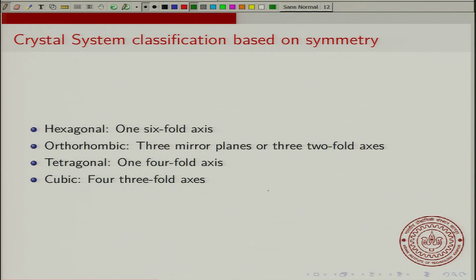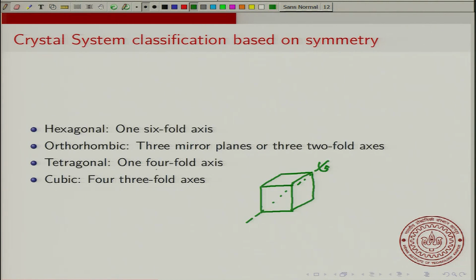And remember this: when we think of our cubic system, we think that there are a lot more axes. There are four three-fold axes, three two-fold axes, and so on. But the essential symmetry to call something a cube is the existence of four of these three-fold axes, and that is what defines the system as cubic.